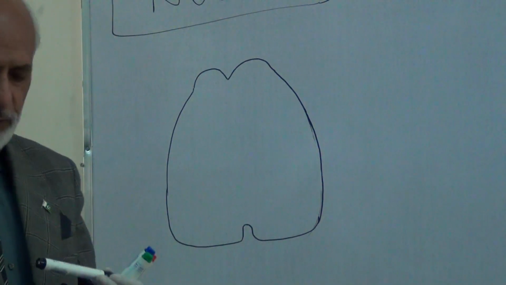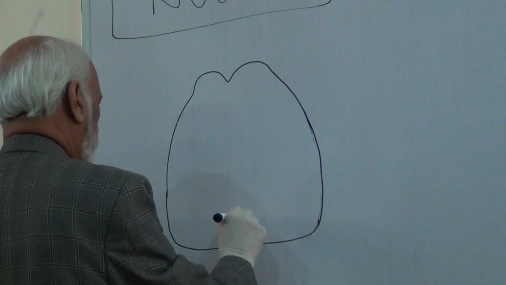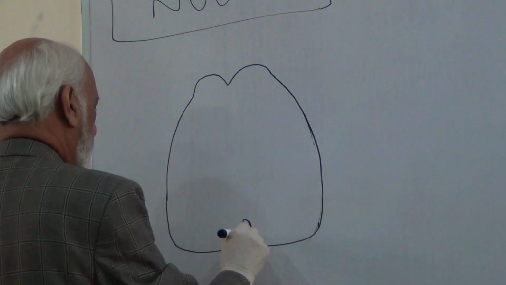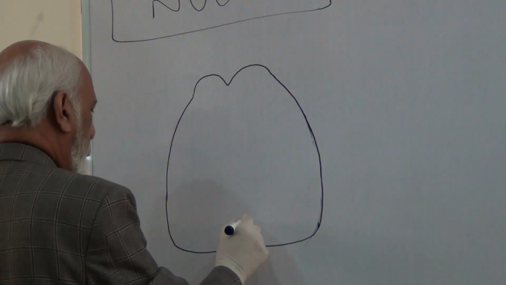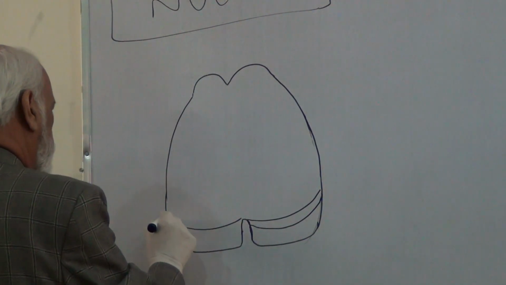This is a section through the midbrain, with the interpeduncular fossa, crus cerebri on each side, and then substantia nigra.